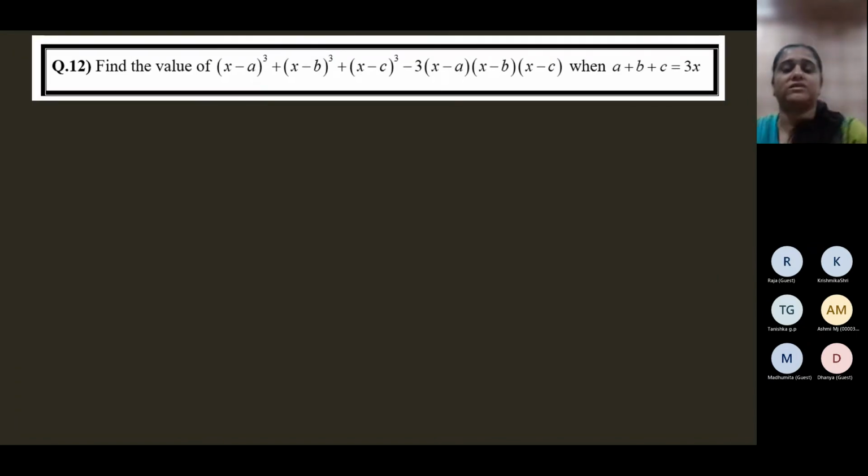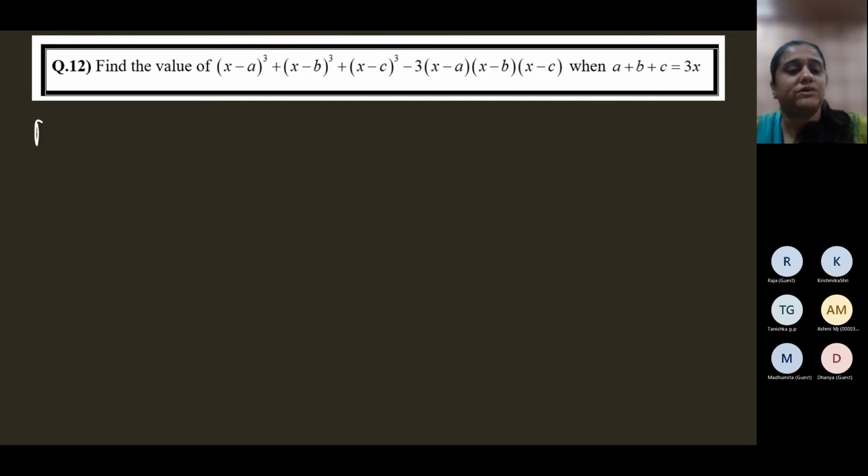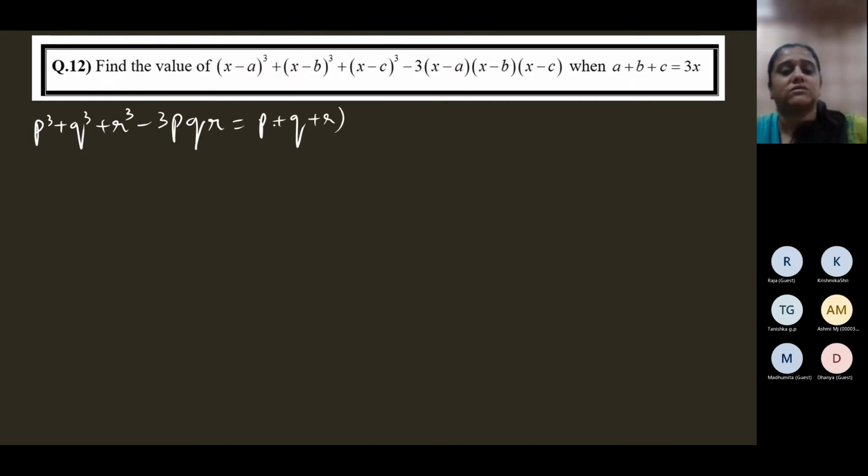All right, you can do it like this, or you can use the identity: p cubed plus q cubed plus r cubed minus 3pqr is equal to p plus q plus r into p squared plus q squared plus r squared minus pq minus qr minus pr.